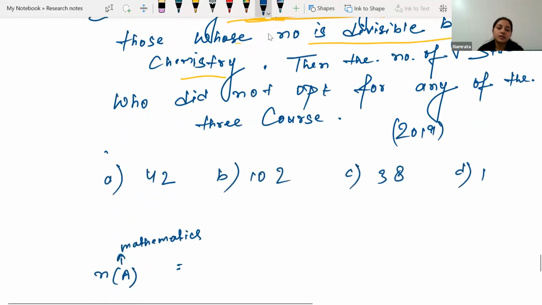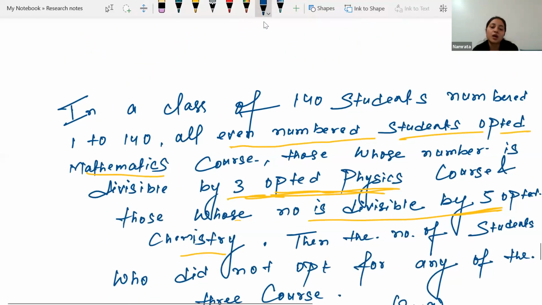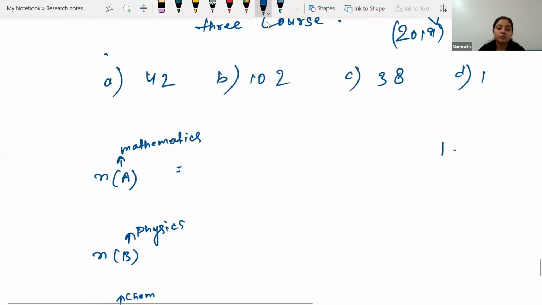So for set A, all the students who have an even roll number, from 1 to 140, how many even numbers are there, that we need to know.